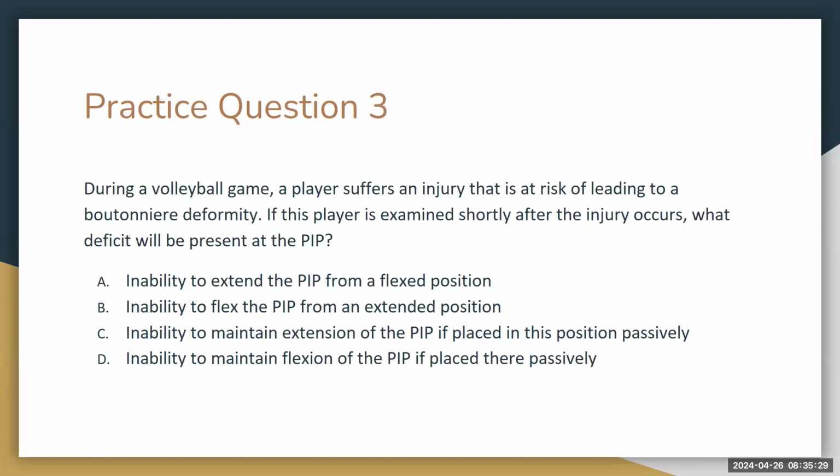And then lastly, during a volleyball game, a player suffers an injury that is at risk of leading to a boutonniere deformity. If this player is examined shortly after an injury, which deficit would be present at the PIP? Inability to extend the PIP from a flexed position, inability to flex the PIP from an extended position, inability to maintain extension of the PIP if placed in that position passively, and inability to maintain flexion of the PIP if placed there passively.